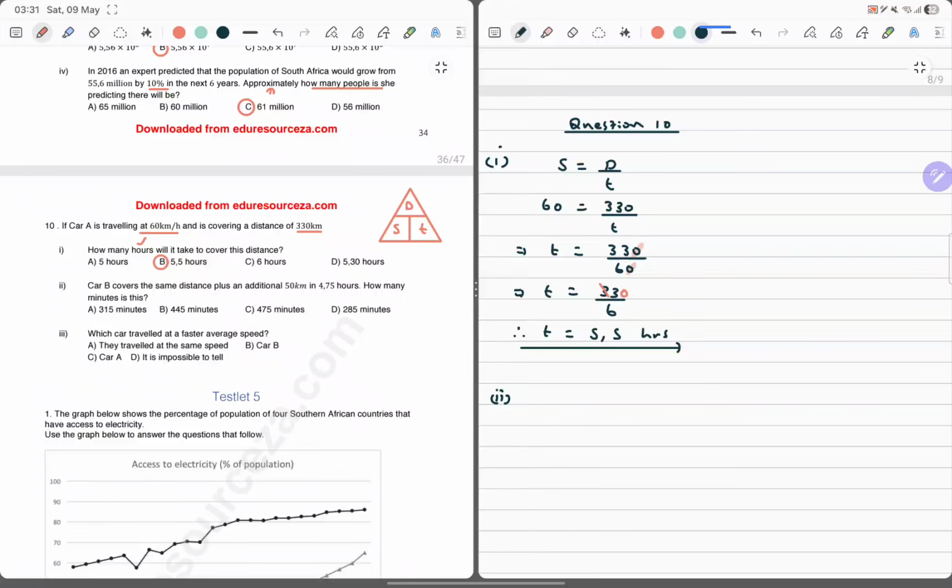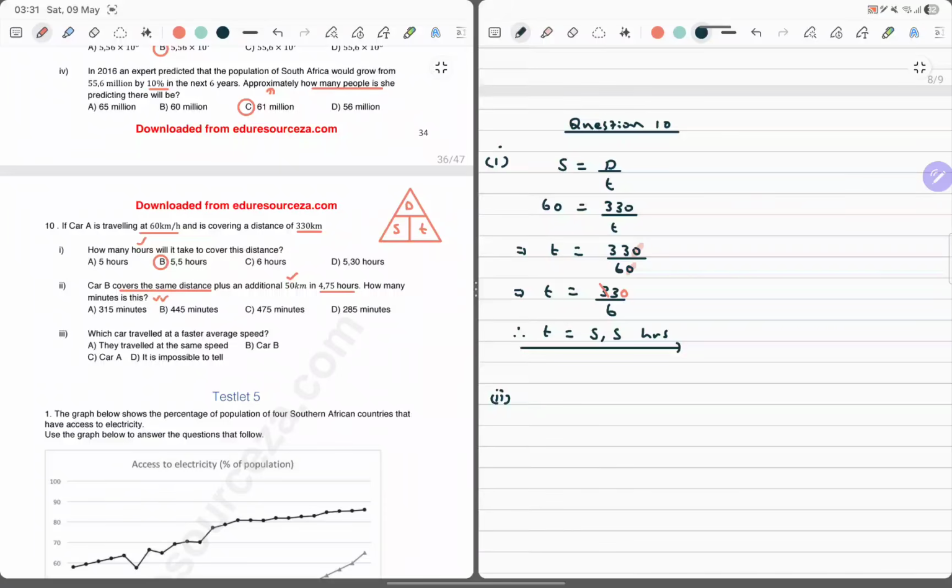Second one says car B covers the same distance plus an additional 50 kilometers, excuse me, in 4.75 hours. So how many minutes is this? Can you see that? Minutes. We convert time to minutes.